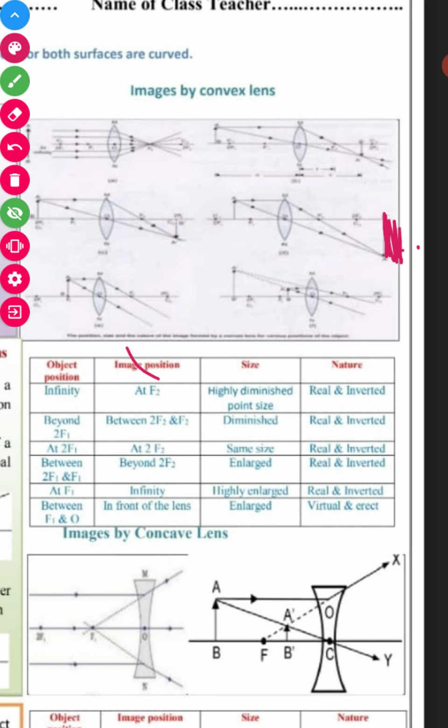And when the object is at f, the image formation takes place at infinity. And lastly, we have the object between F and O. This image is formed in front of the lens. See this, it is enlarged, virtual and erect.